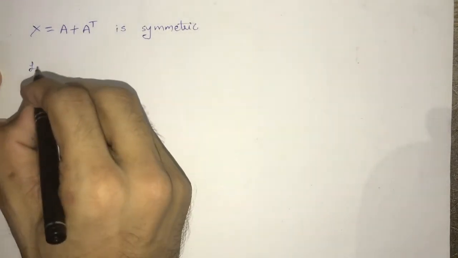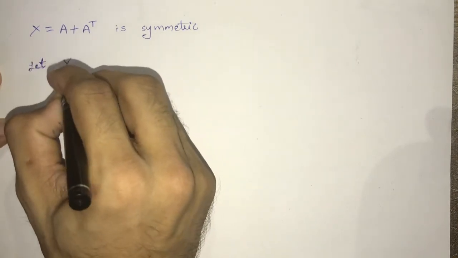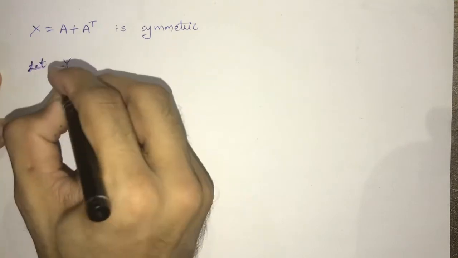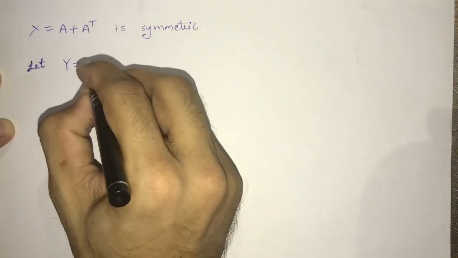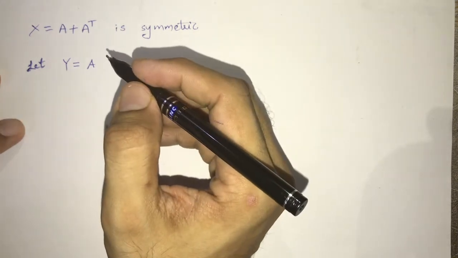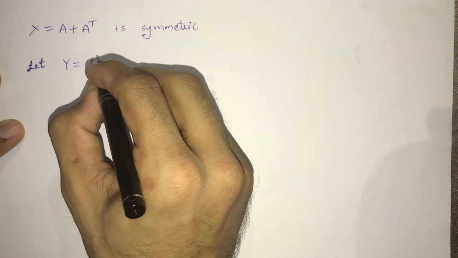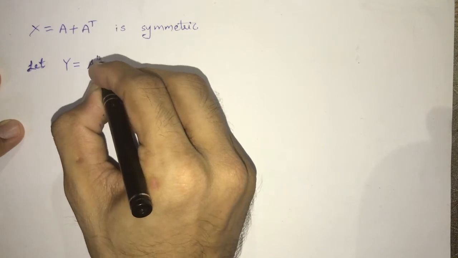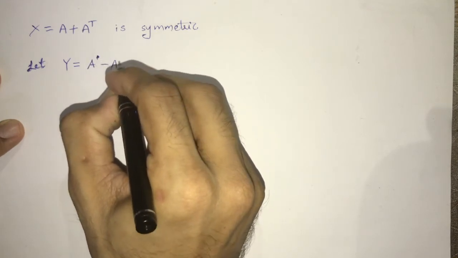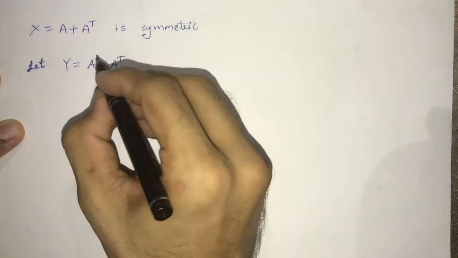Now let us define a new matrix, that is Y. What is Y? Y is a new matrix, A minus A transpose.